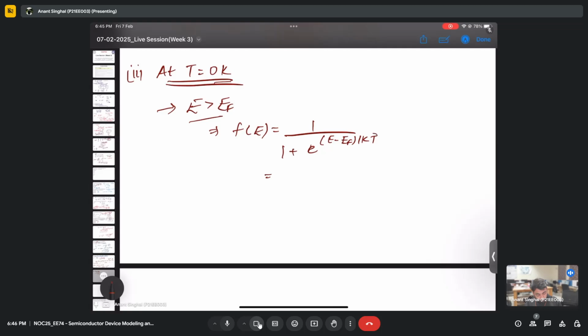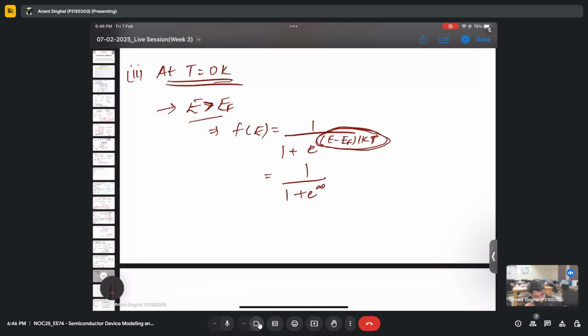Come on, this is basic maths. I'm hoping to get this answer from you. If T is 0, what will this term be?